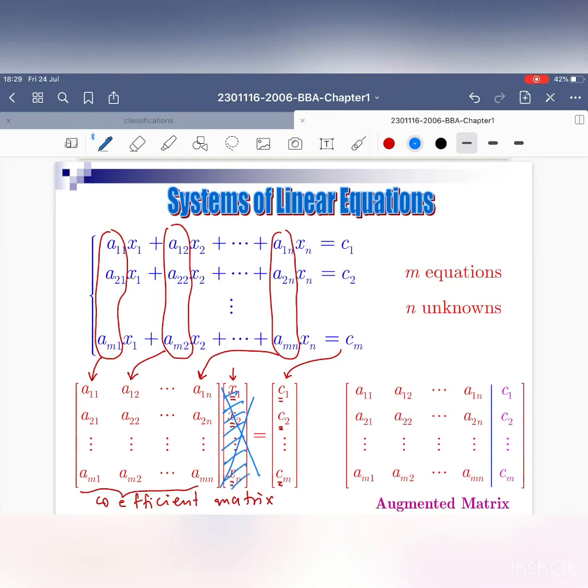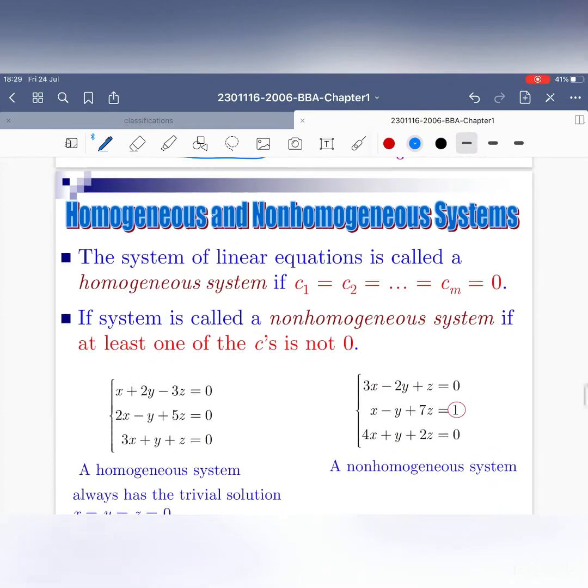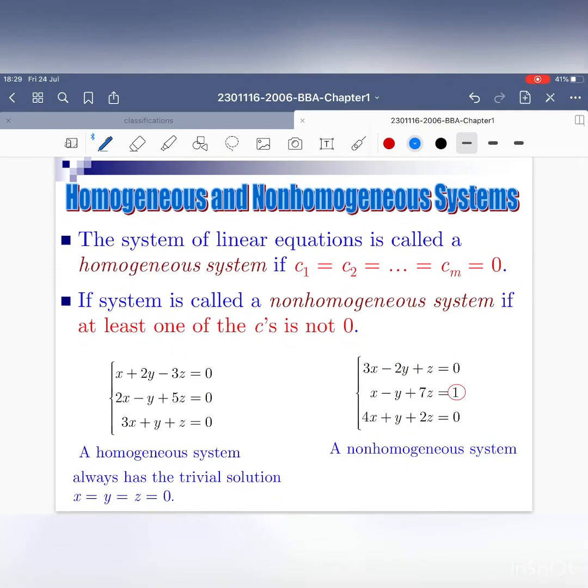We are going to attach your coefficient matrix with your constant matrix on the right together, and separate it by this vertical line right here, and this is the so-called augmented matrix. They have special names.